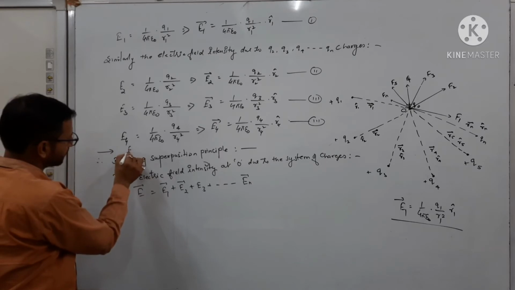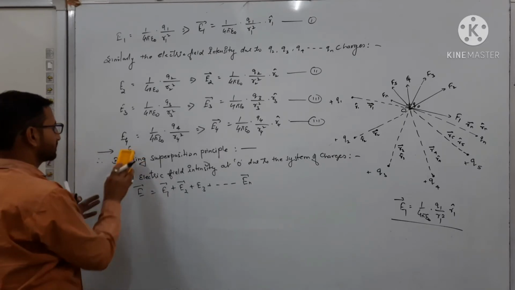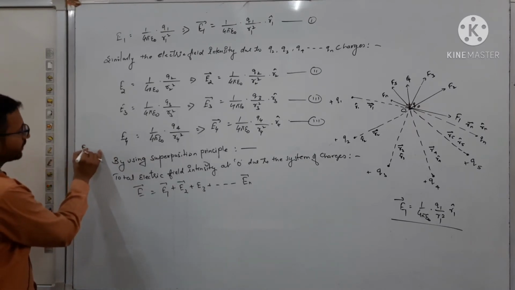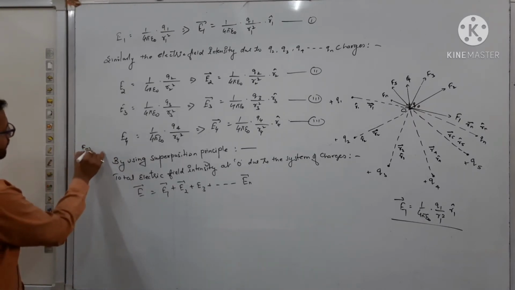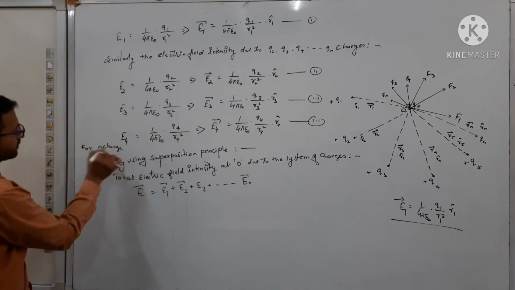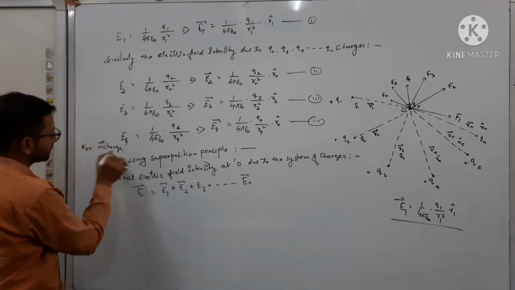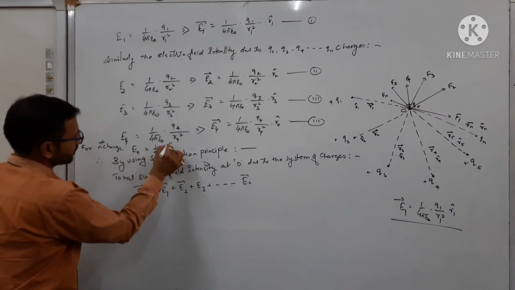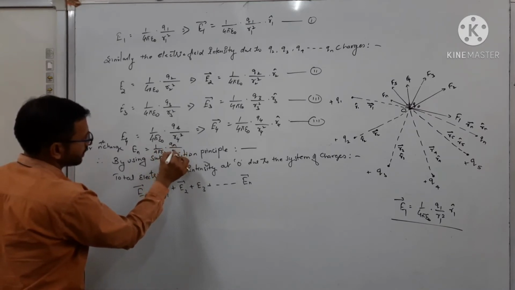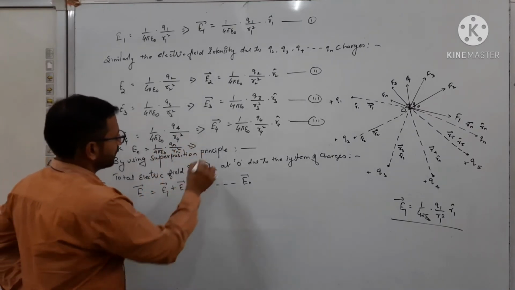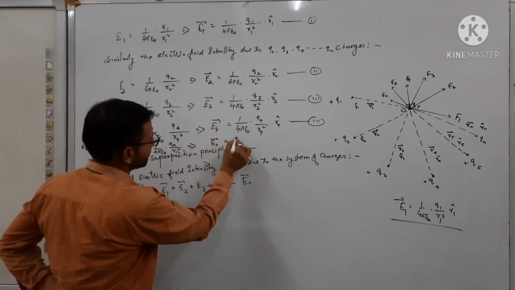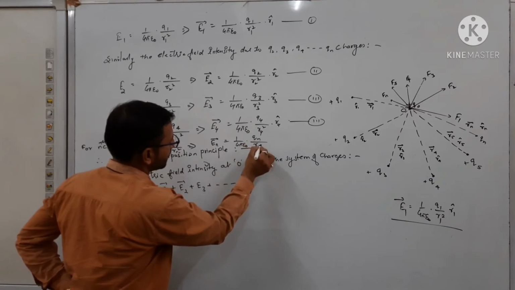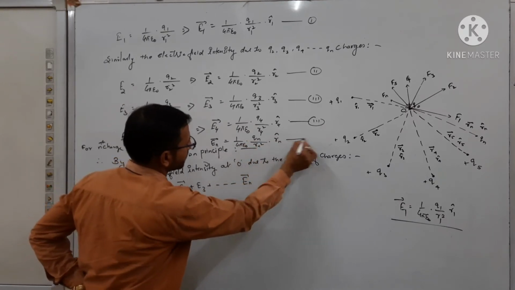For the nth charge, En is equal to 1 over 4 pi epsilon naught Qn by Rn square, or in vector form, En vector is equal to 1 over 4 pi epsilon naught Qn over Rn square with Rn cap unit vector.